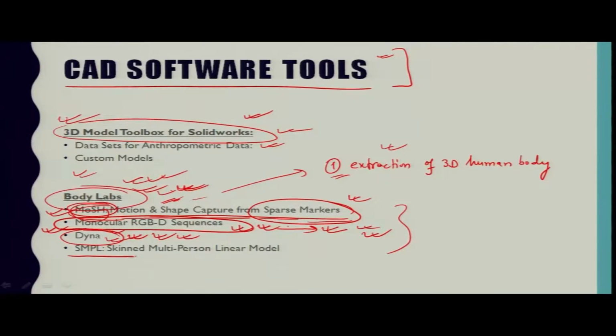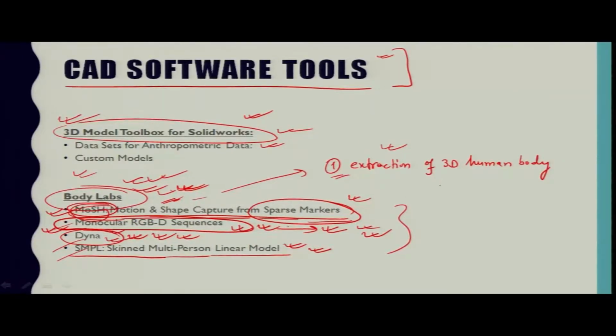There is another one, SMPL, the full form is skinned multi-person linear model. What it does, it speaks to a wide variety of body shapes in common human postures. Different parameters of the model can be derived from the shape, weight and posture of the body. Similarly, apart from MOSH, monocular RGB, Dyna and SMPL, there are many other methods which derive from Body Labs.